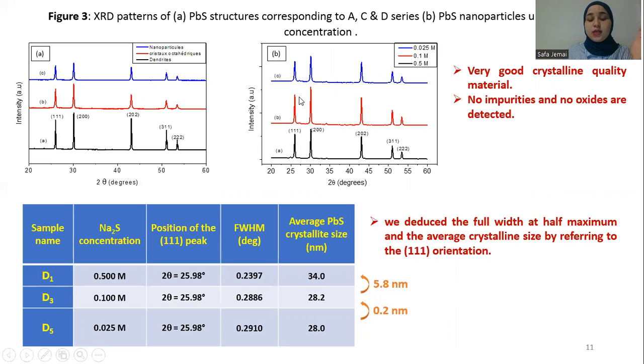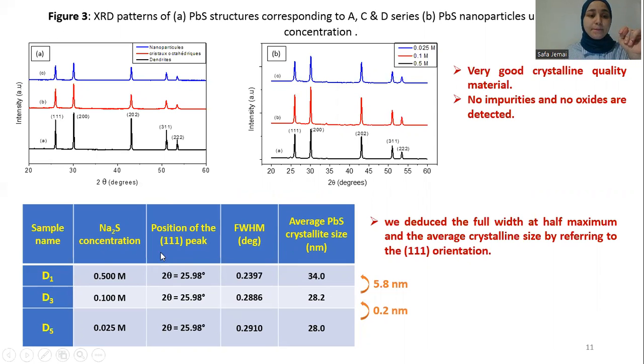Here, as we can see, the samples are of very good crystalline quality, and no impurities and no oxides are detected. As shown in the table, we deduced the full width at half maximum and the average crystalline size by referring to the 1-1-1 orientation.